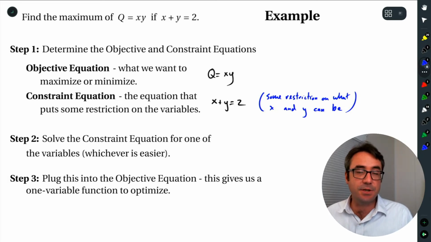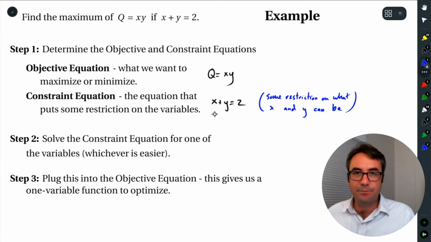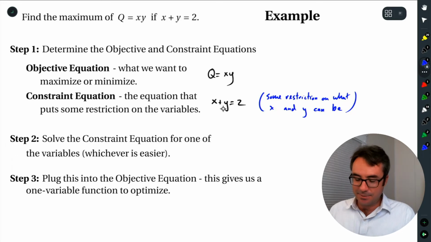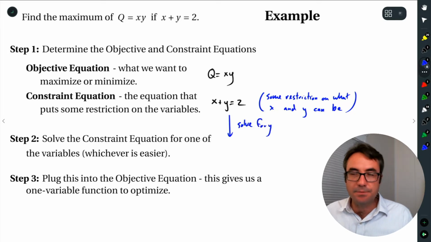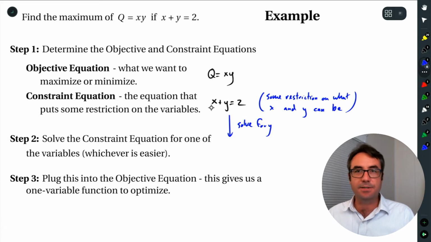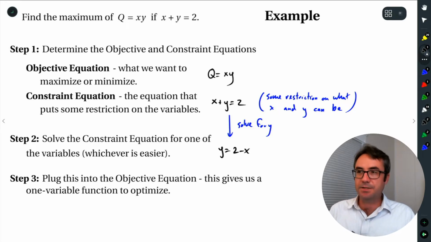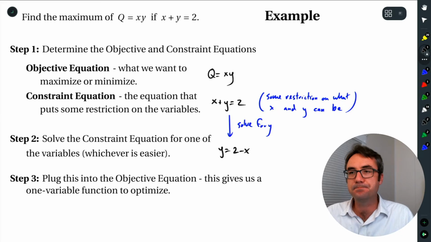Is it going to be easier to solve for x, or for y? In this case, either one would be perfectly fine. I'm going to solve for y just because that's generally what we do. But it really doesn't matter, I could solve for x here. When I do it, I get y is equal to 2 minus x. I just move x to the other side by subtraction.